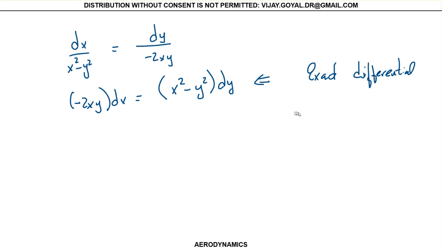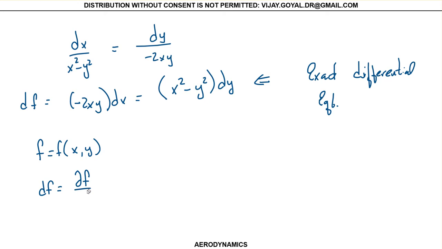In this case, we are trying to understand the characteristics of my flow. I'm going to call this differential equation df. And please note this: if f was a function of x and y, you can show, using Taylor series expansion, if you review your calculus, that df equals the partial of f with respect to x, dx, plus the partial of f with respect to y, dy. That's where that comes from.